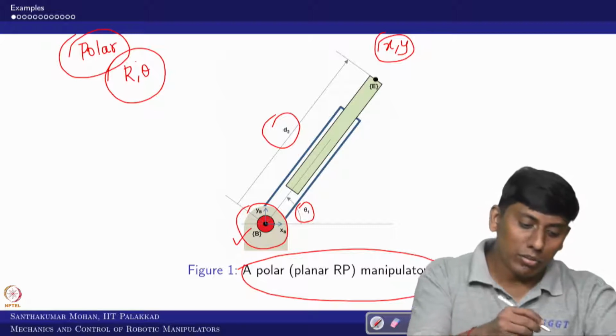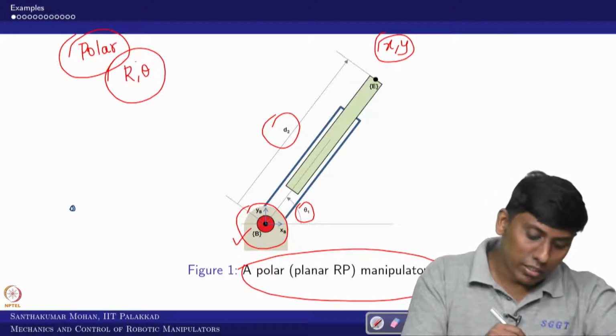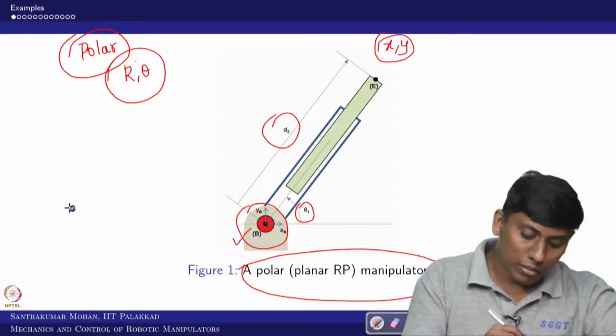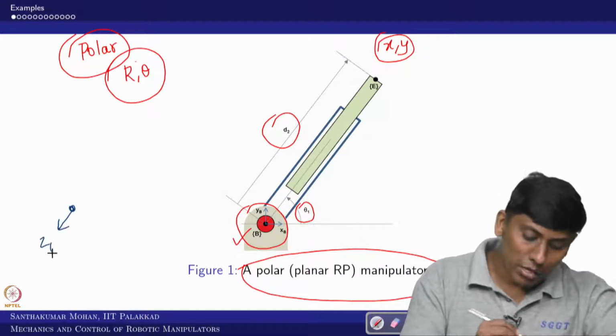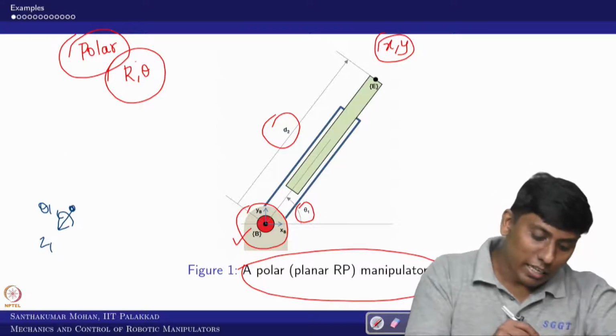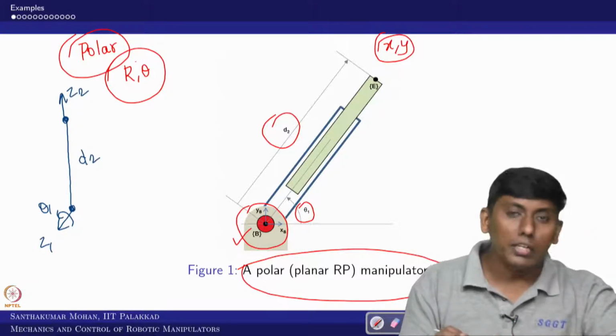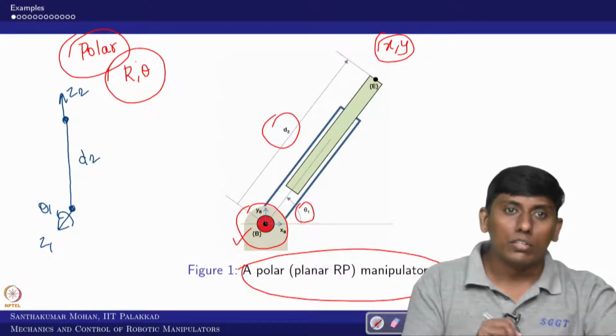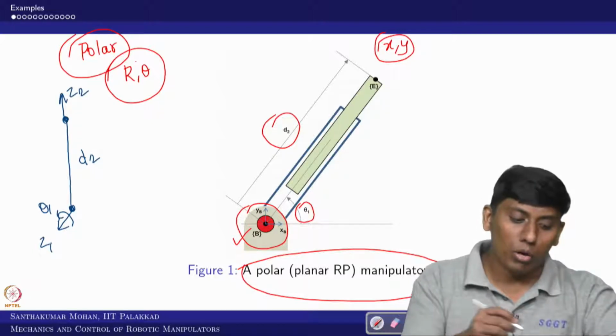One way is that we start with the base and the first joint, which is Z1, having a rotation called theta 1, and the second, which is a translation. So theta 1 and d2 can be written this way, and this gives a very big benefit. What benefit?